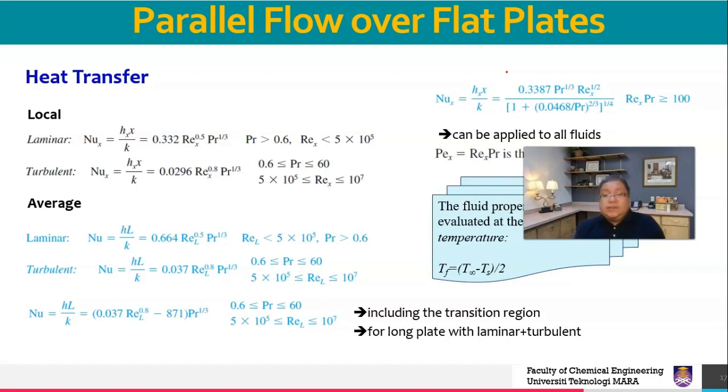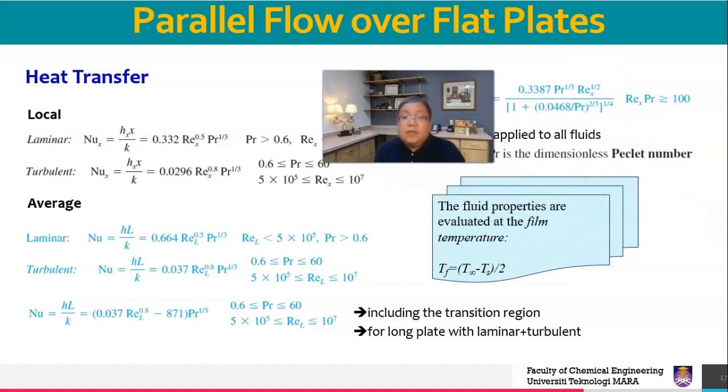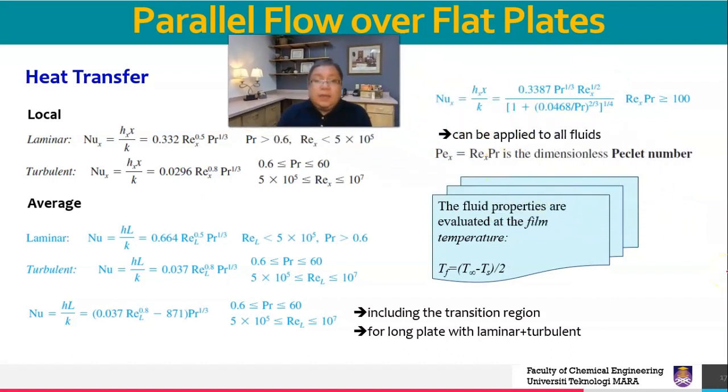So basically, when we need to determine the heat transfer, what we have to determine is the Nusselt number. Because once you get the Nusselt number, of course you will eventually get the value of H. Again, this one is the local heat transfer for Nusselt number, but let's just focus on the blue formula, in terms of the average formula.